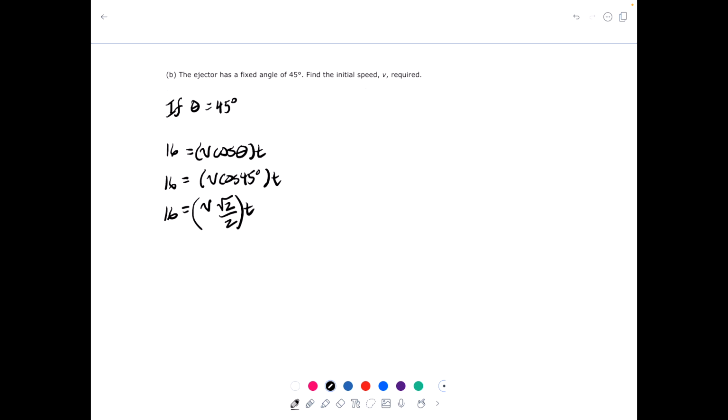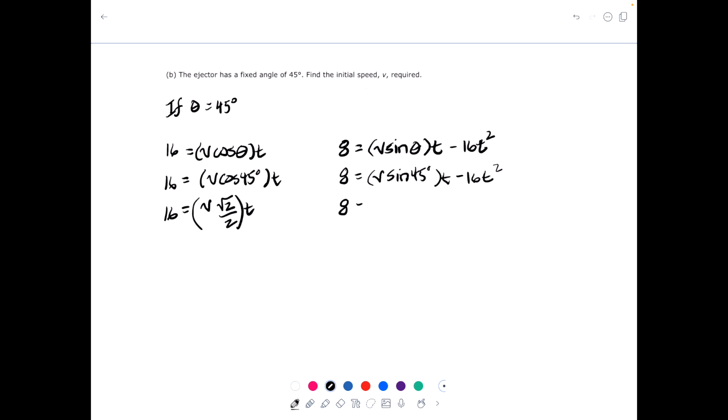And then we would have 8 equal to v sine theta, that quantity, times t, minus 16 t squared. Similarly, 8 would be v times sine 45 degrees times t minus 16 t squared.